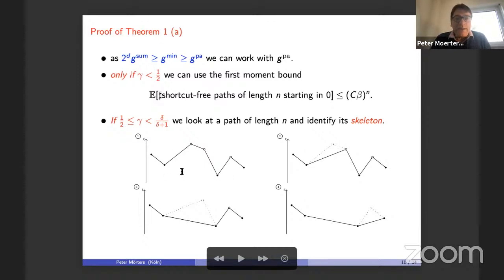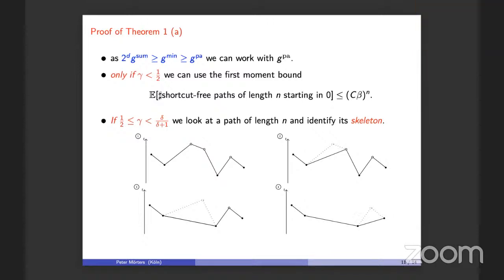Okay. And then you successively remove the local maxima from the paths until you arrive at a path that goes to lower marks, and then from the lowest point goes up to higher marks. And so that's exactly the paths that have no more local maxima. Okay.